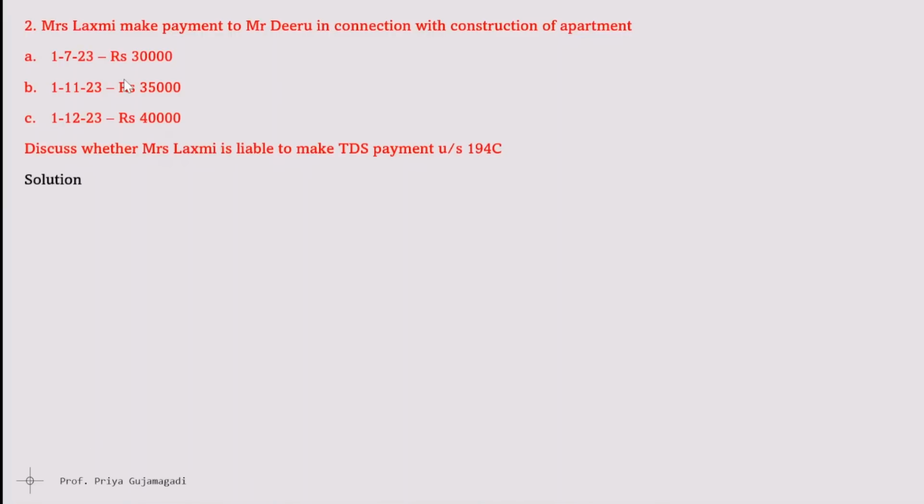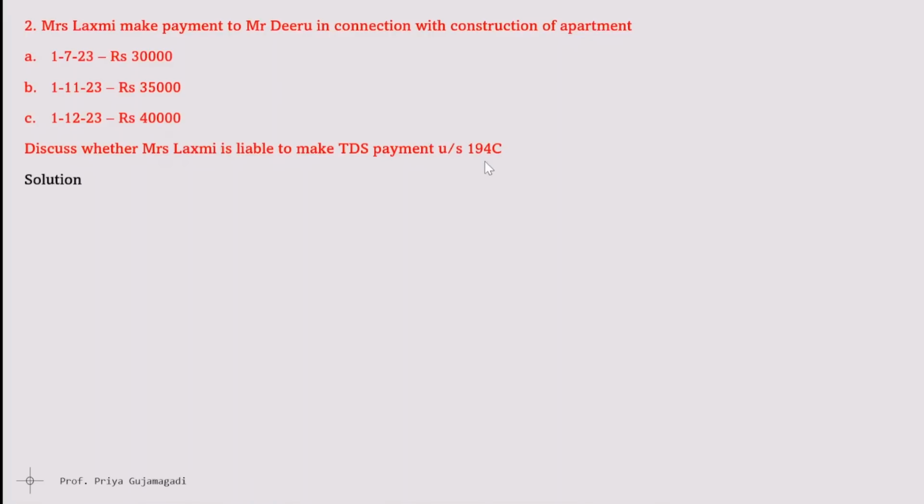The first installment they have paid on 1/7/23, rupees 30,000, the second installment on 1/11/23, 35,000, and the third installment on 1/12/23, 40,000. So discuss whether Mrs. Lakshmi is liable to make a TDS payment under section 194C.